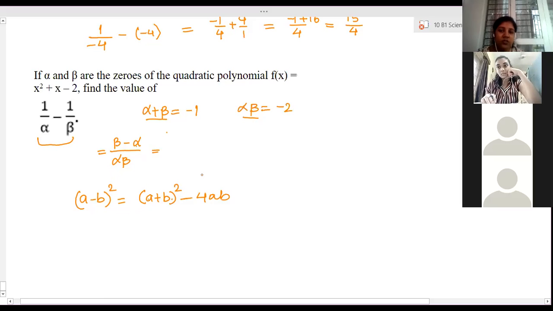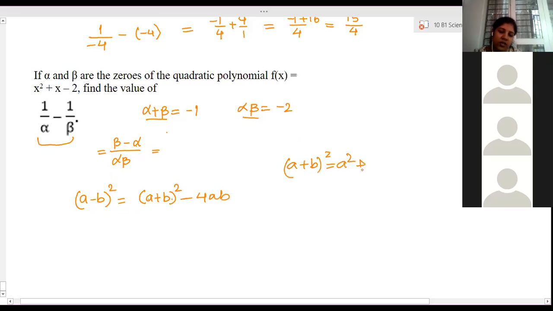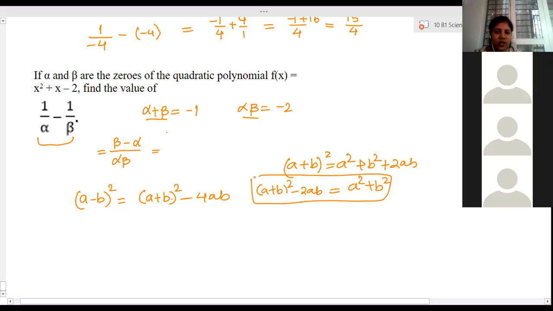Last year I have explained this. a plus b whole square is equal to a square plus b square plus 2ab. So what is the value of a square plus b square? a plus b whole square minus 2ab, right?